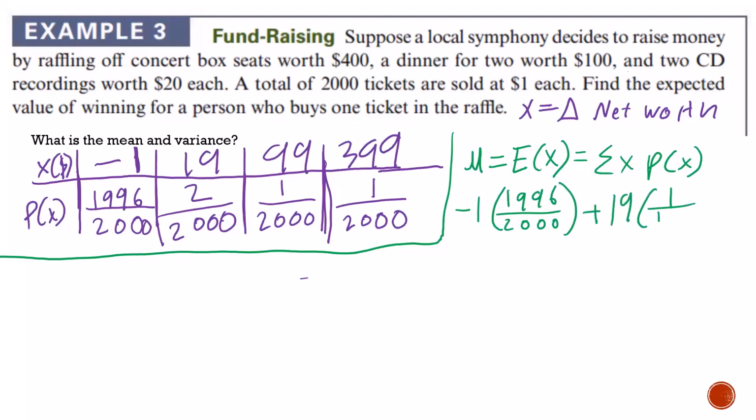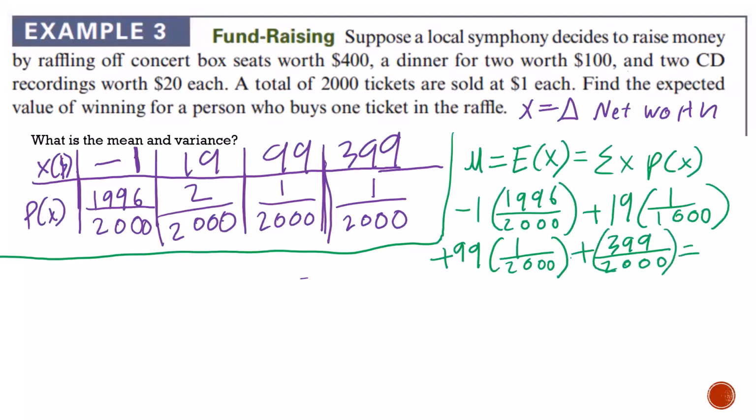That reduces to 1,000. This ends up getting you, which is equal to negative 73 cents.